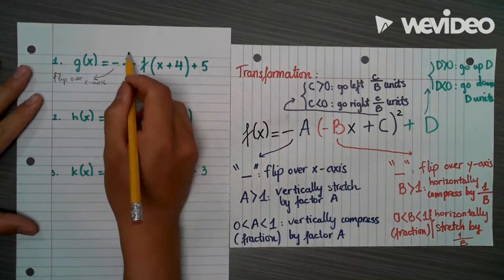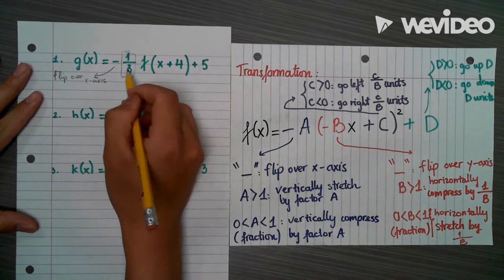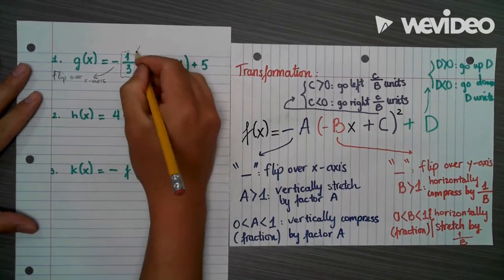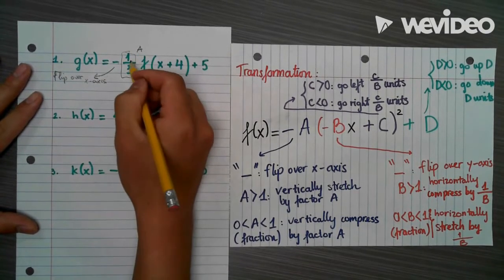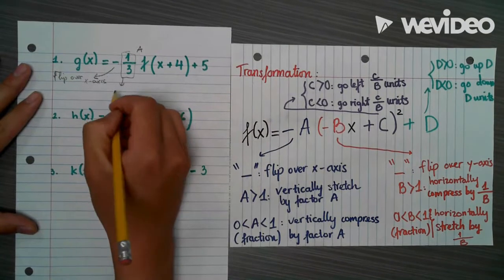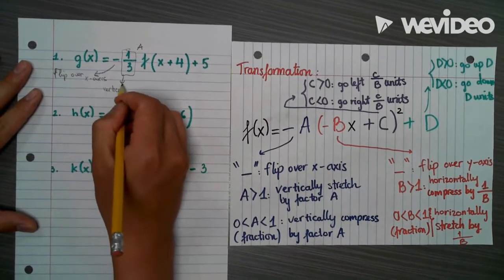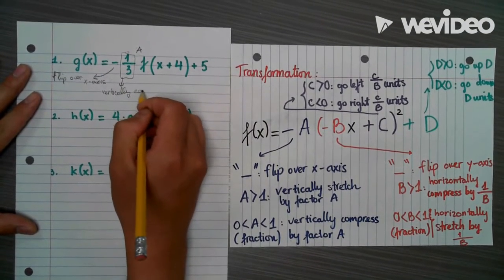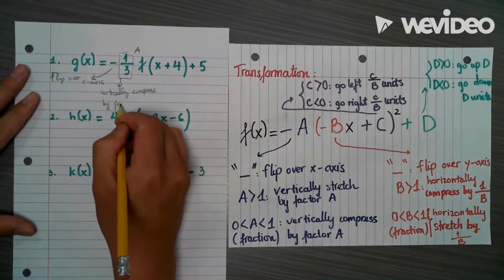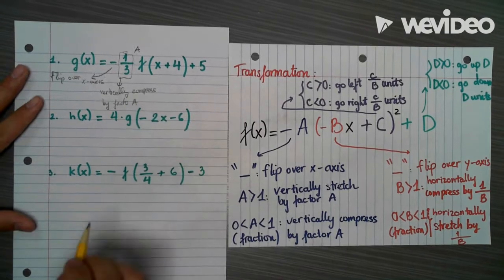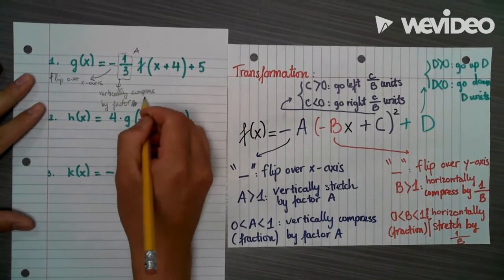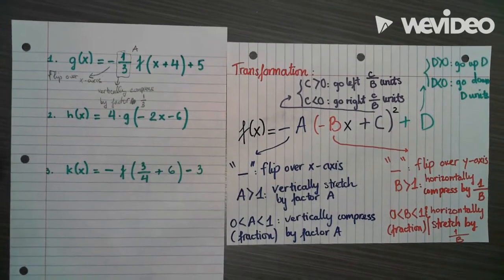Right now, this 1/3 is what, outside still. It's outside, right? So it is a, and my a is a fraction. Here, a is a fraction. So we just say vertically compressed by factor a, and my a is 1/3.